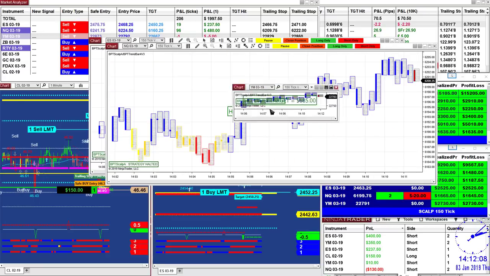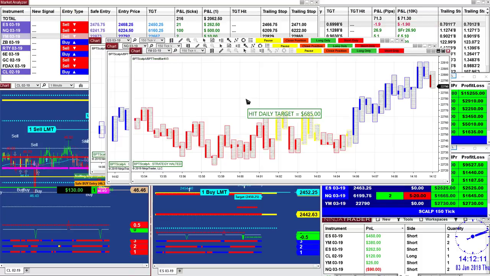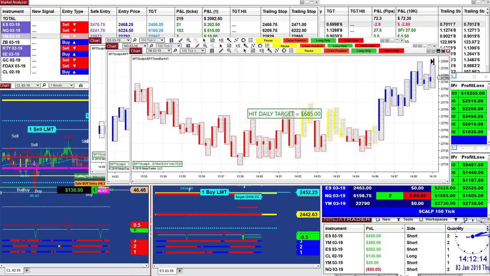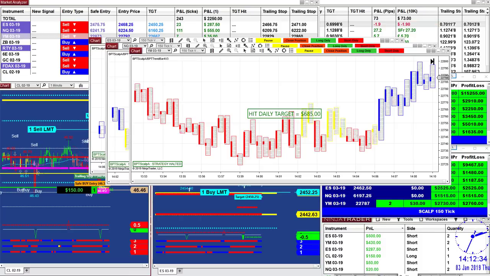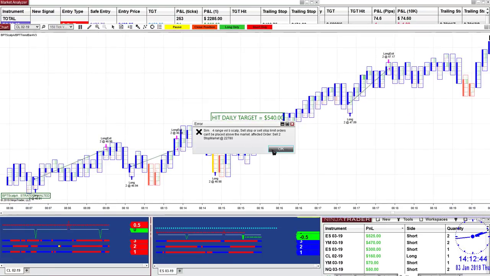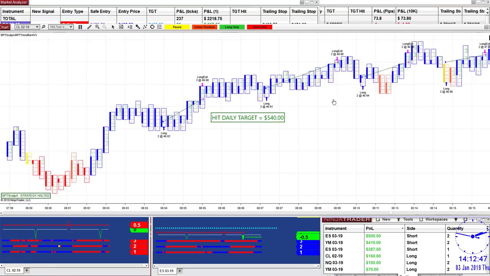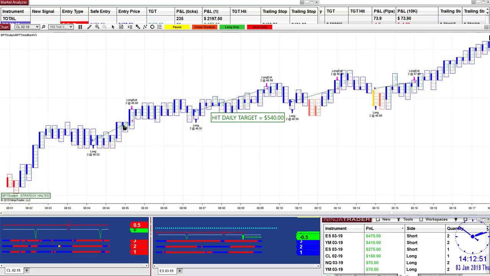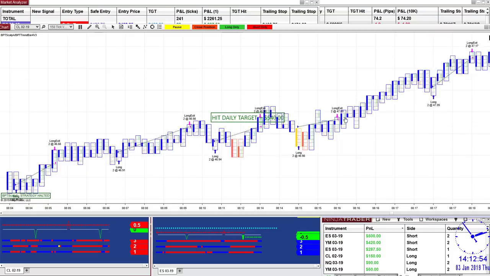And this is the YM, 150 ticks, 685. If you look, this is really perfect trading on the CL. 1 trade, 2 trade, 3 trade, 4 trade, 5 trade.